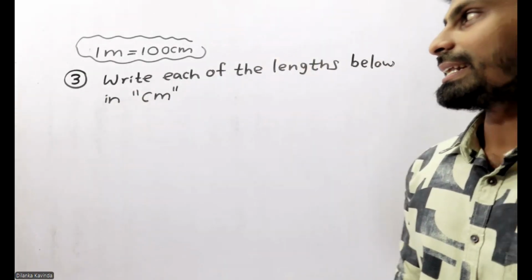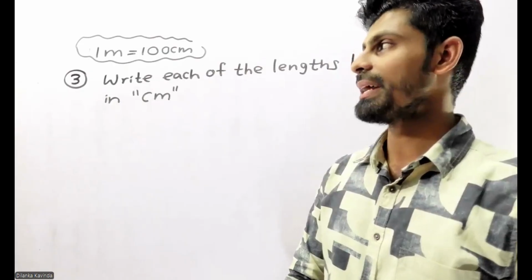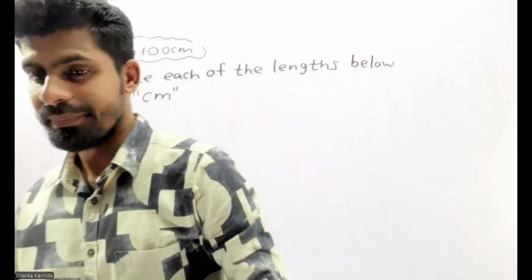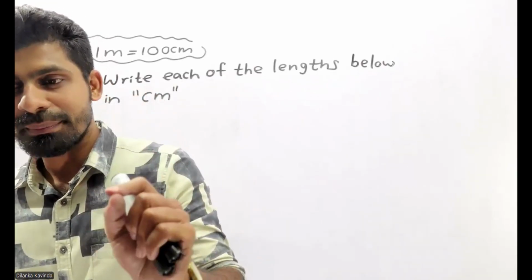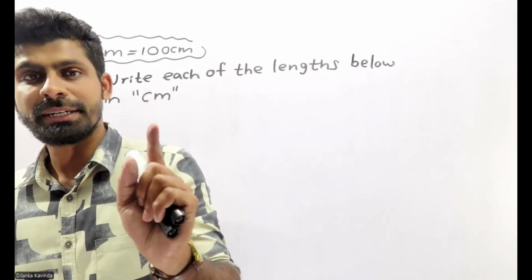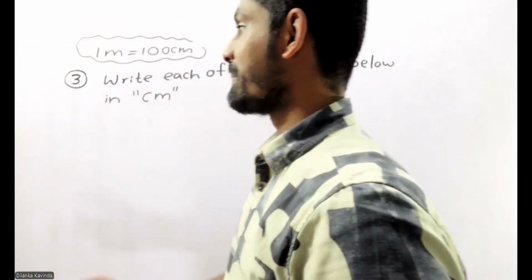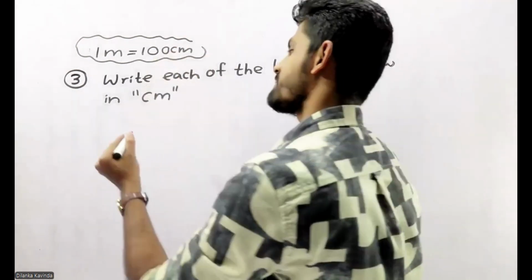Centimeters, millimeters, and meters are the main 3 units. Look at this one: write each of the lengths below in centimeters.